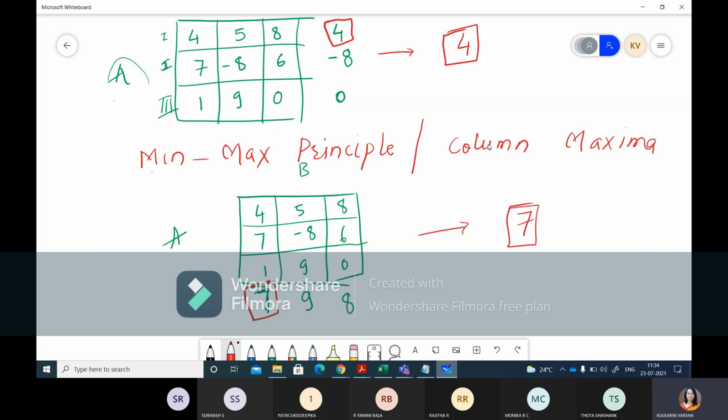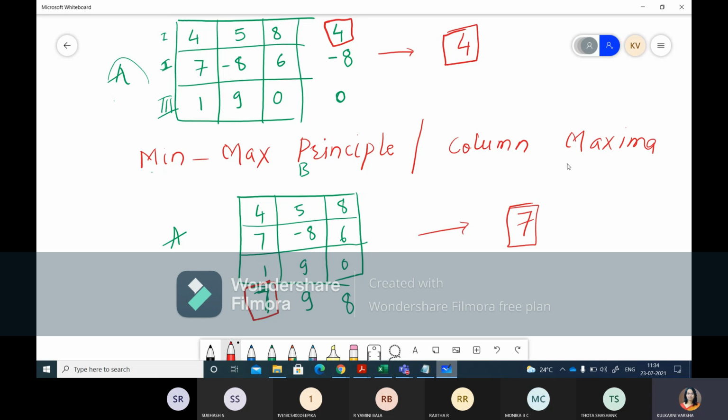Now we'll take one small example. Till now we have seen some of the terminologies, how to formulate the payoff matrix, and two more terminologies, row minima and column maxima.